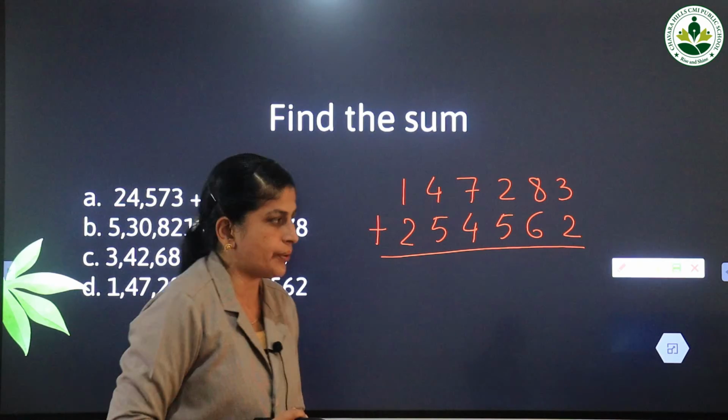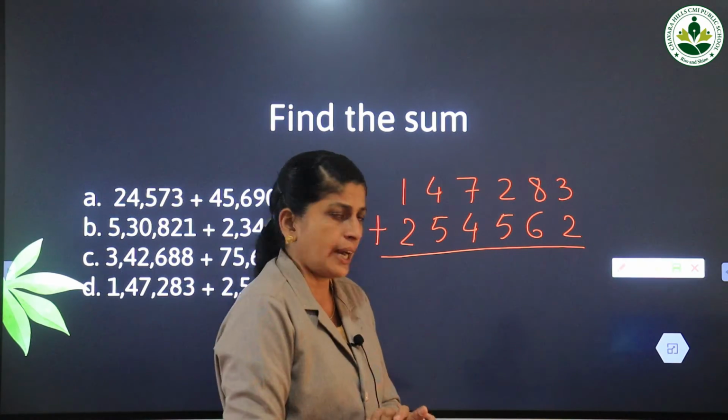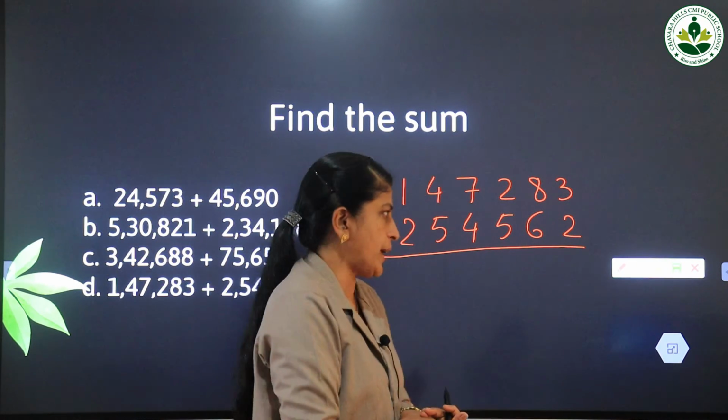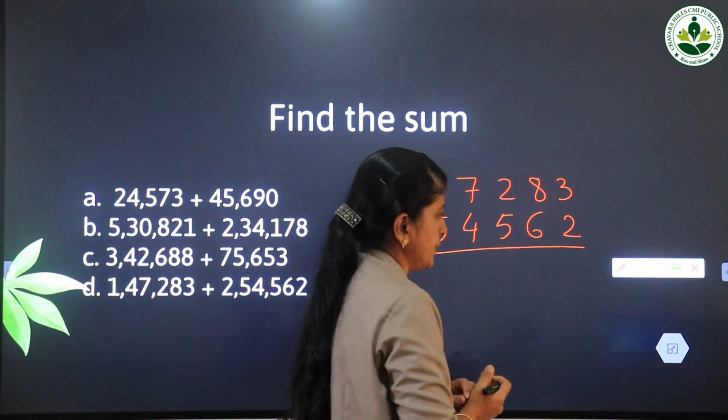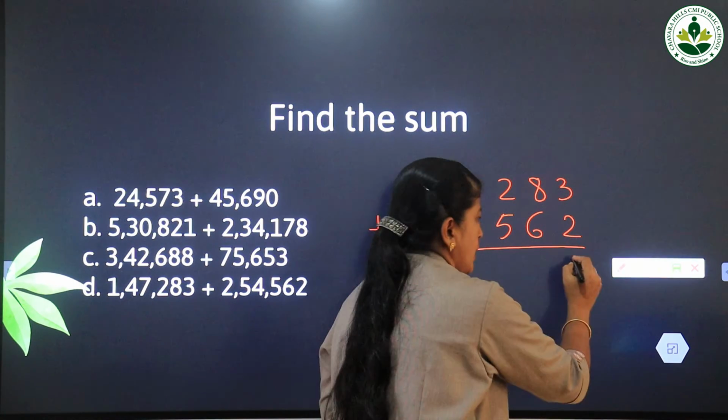Okay, let's do that one. What to do first? First, add the digits in the ones place. That is the digits in the rightmost place. That is 2 and 3. Add them. 2 plus 3 is 5.